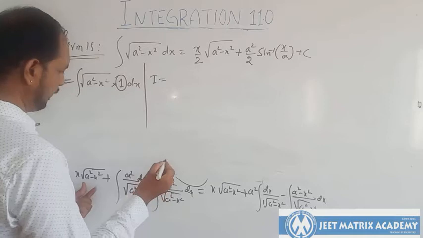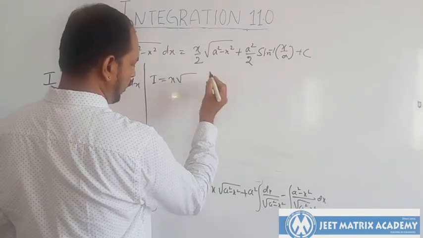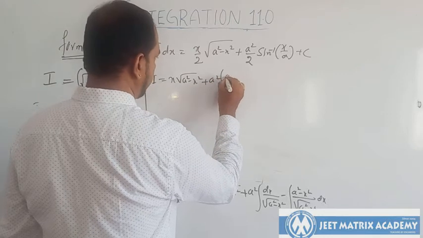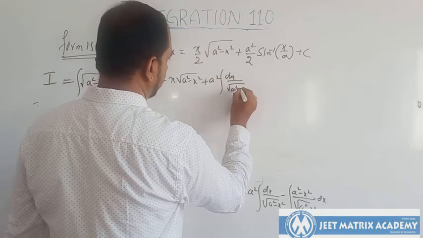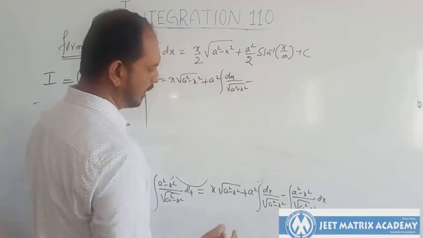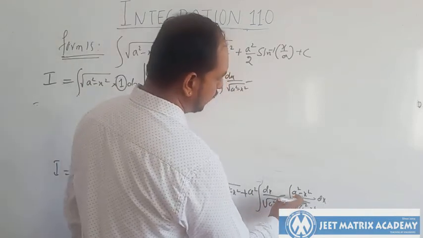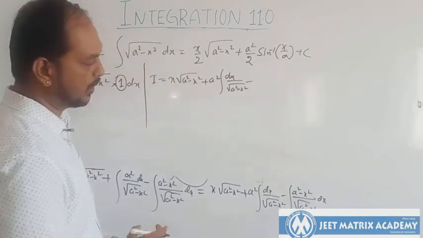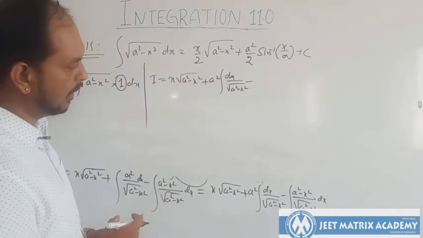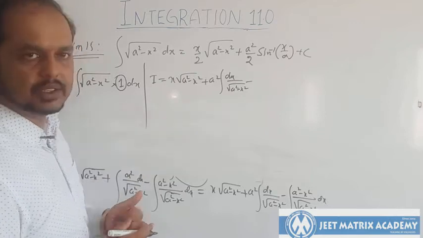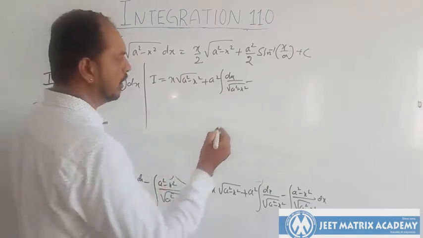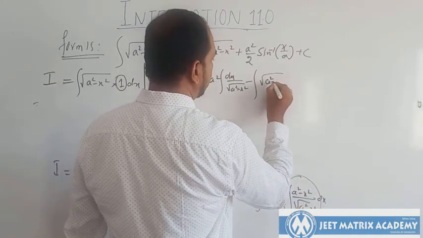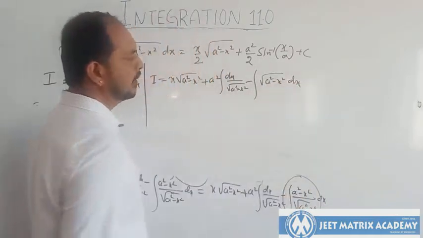I equal to x root of a square minus x square plus a square into integration of dx divided by root of a square minus x square minus, so this is a square minus x square in the numerator, denominator root of a square minus x square. If you take it to the top, that will be 1 minus 1 by 2. That is again this part I could write like integration of a square minus x square dx.